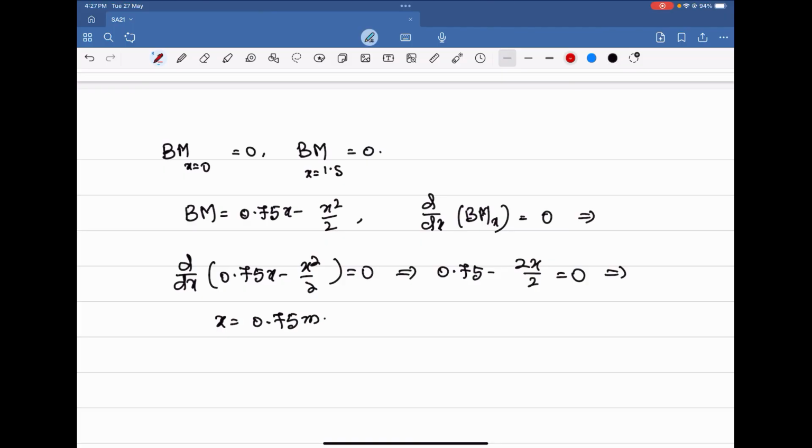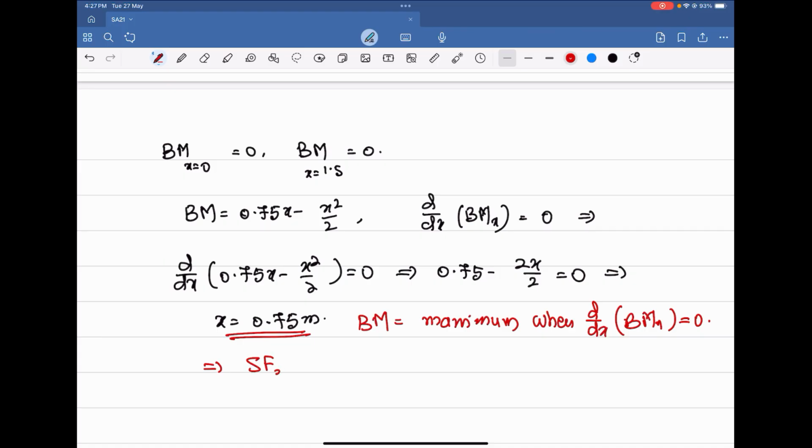That means at a distance of 0.75 meters, the differentiation of bending moment is equal to 0. That means bending moment is maximum. When d by dx of BM(x) is equal to 0. Where will d by dx of BM(x) be 0? When S(x) is equal to 0. That means S(x) is equal to 0. We have got the maximum value of bending moment.